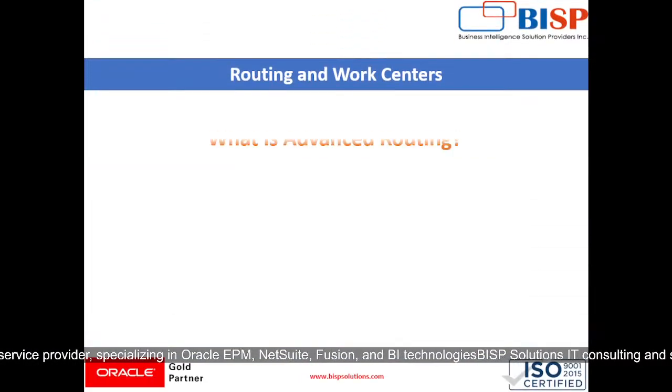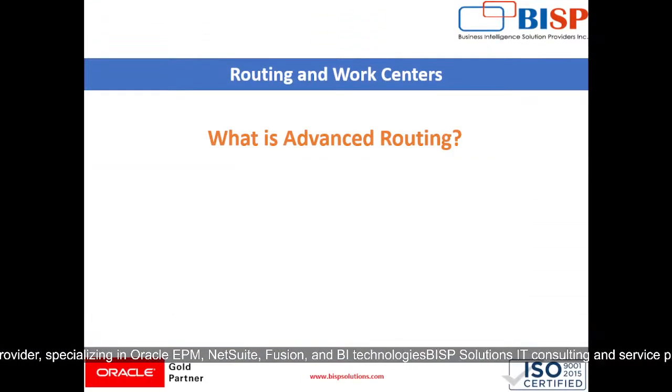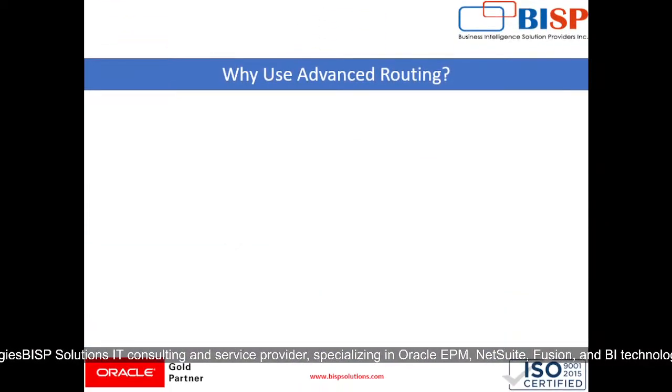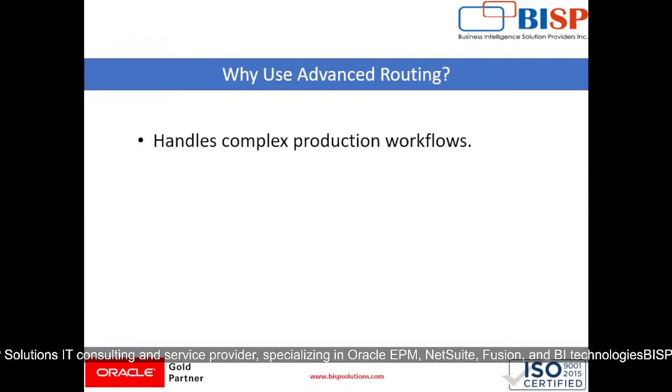Then comes our routing and work centers. So what is advanced routing? Advanced routing allows for defining multiple step production processes with detailed instructions, work centers and timing. Each routing step is assigned to a work center where the operation occurs. So why use advanced routing?